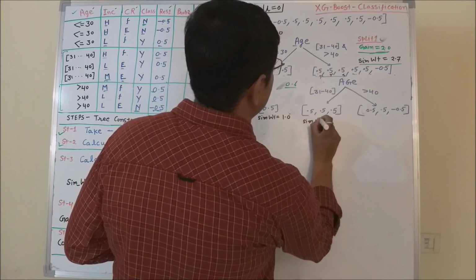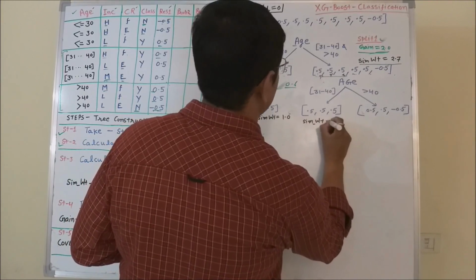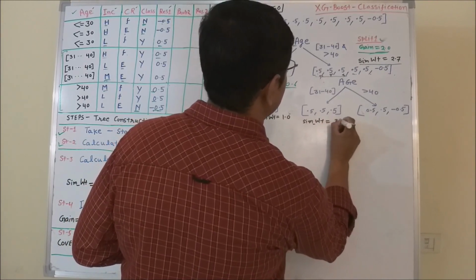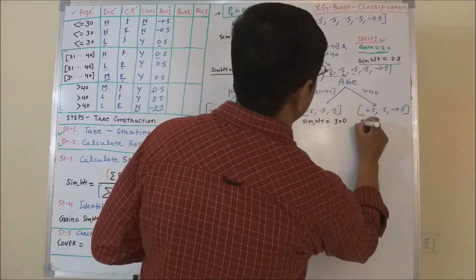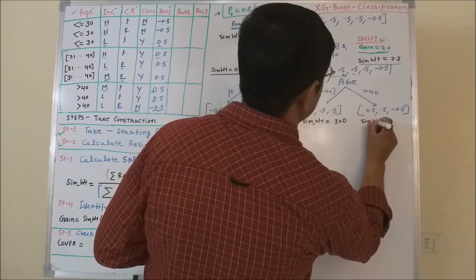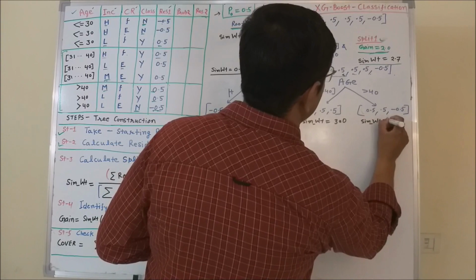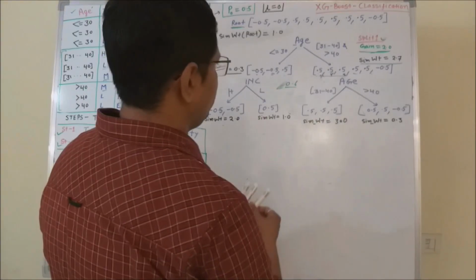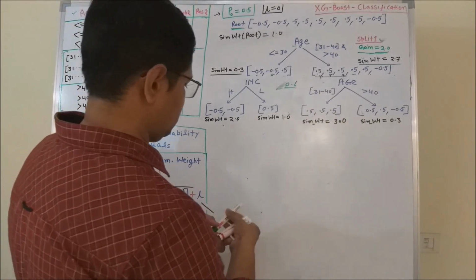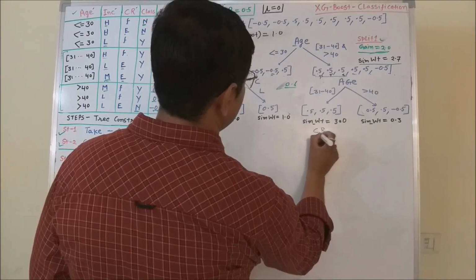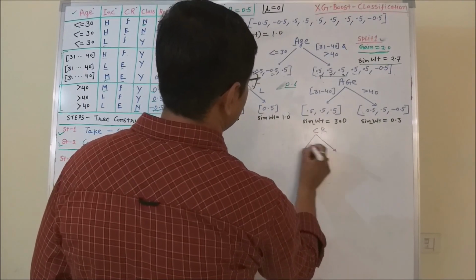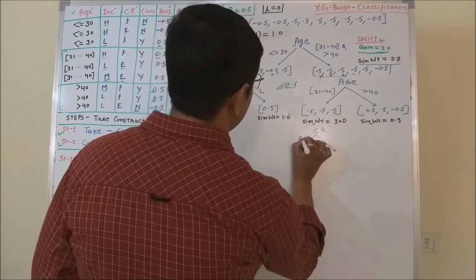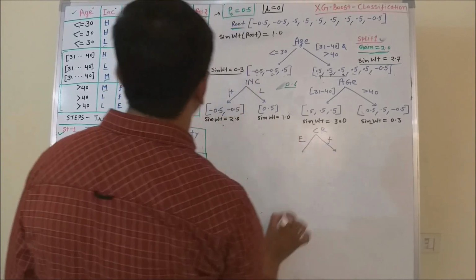Just write the similarity weights that we computed earlier: 3.0 here, and here the similarity weight equals 0.3. Now you can make another breakup based on credit rating. You can break it into excellent and fair.